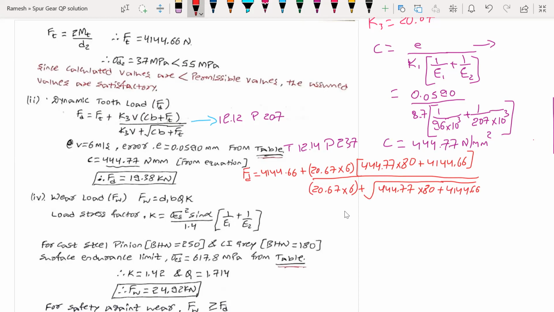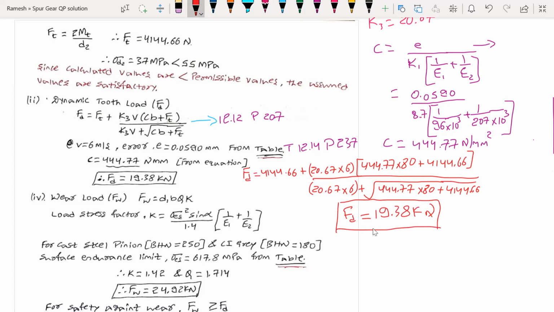For this, you calculate the value of FT. After the calculation, the value will be 19.38 kilonewton.